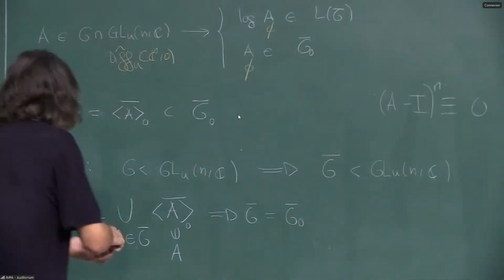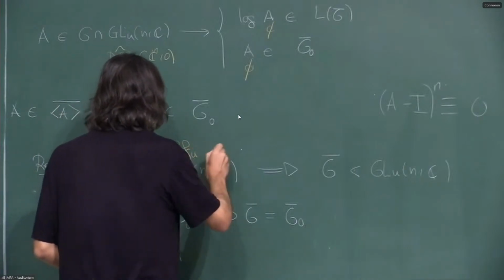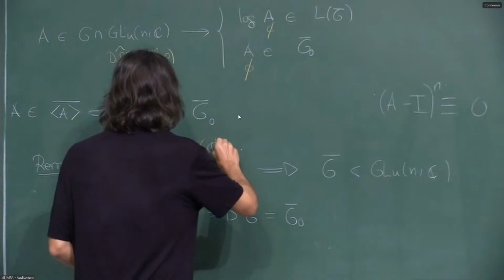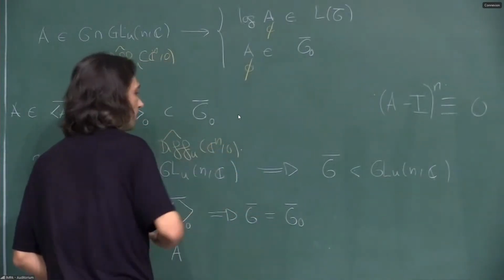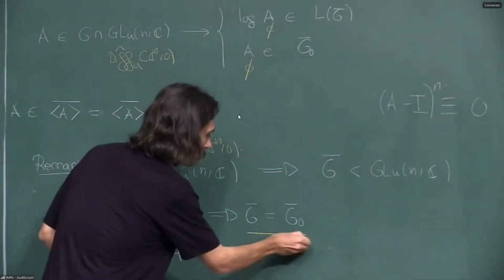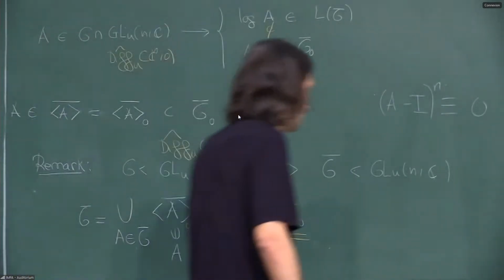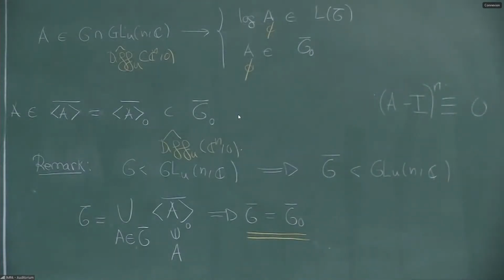And this, again, happens in the same way if you consider groups of unipotent formal diffeomorphisms, right? You end up with the same result. The connected component of the identity of the closure coincides with the closure. All these results work very well in all these situations.